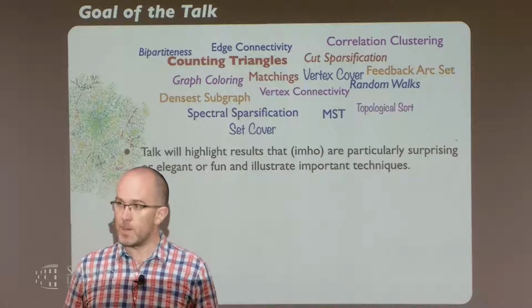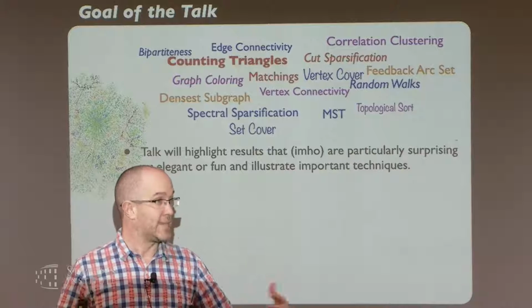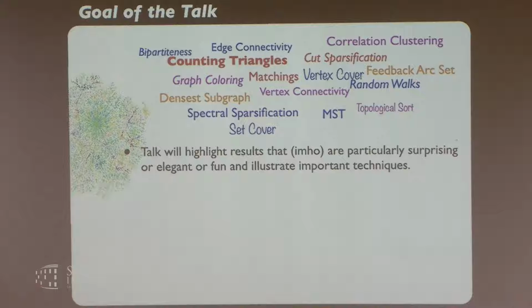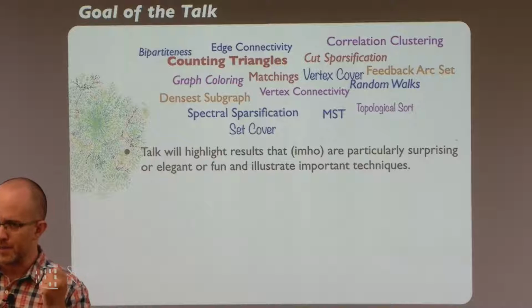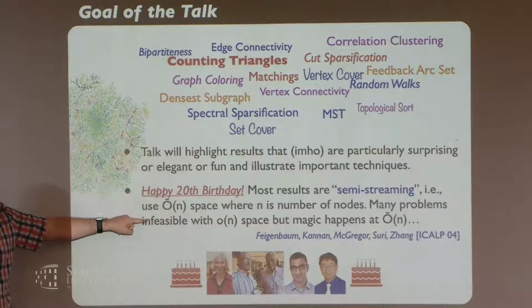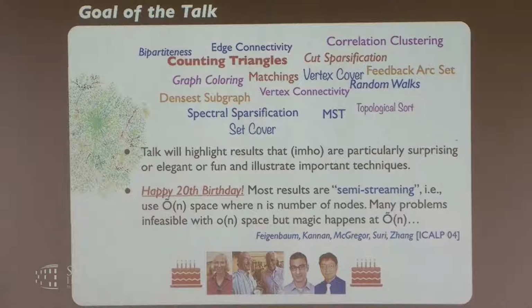So the semi-streaming model is just saying that you're allowed O tilde n space, where n is the number of nodes. It's a little bit of a strange term, because semi-streaming is just a specific case of streaming. There's nothing non-streaming about semi-streaming. It's also maybe a little strange to mention a specific space constraint to give it a name. But it turns out that many problems are infeasible with less than n space, and a little bit of magic happens around O tilde n space.